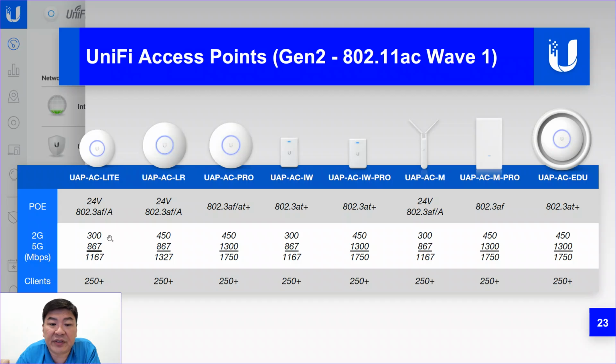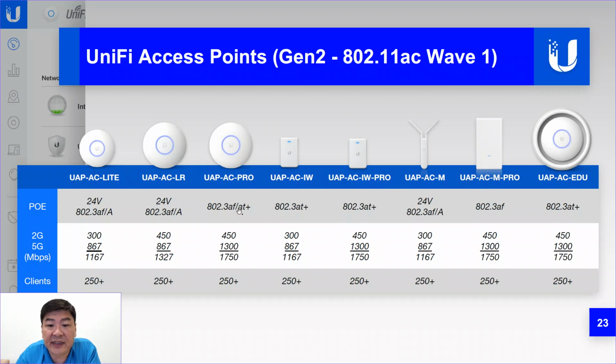That's how it derives 300 and 867. For the ACLR, you see there's 450 and 867. So basically it's a 2x3 radio, which means 2 transmitting and 3 receiving. That's the reason why it's able to get 450 on the 2.4 gigahertz, followed by the 5 gigahertz.